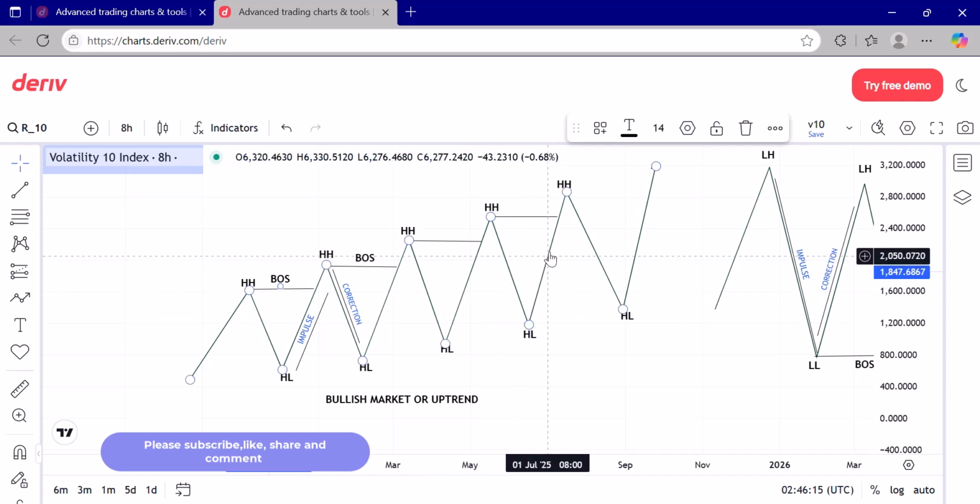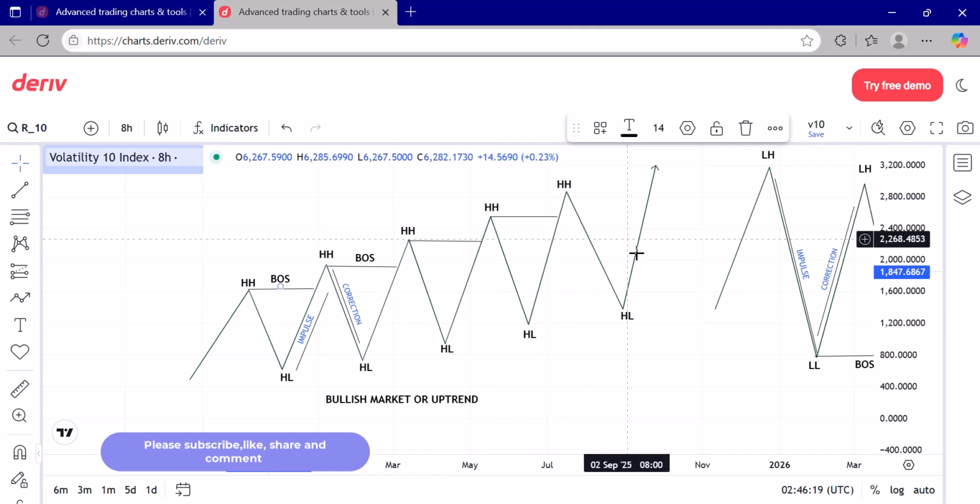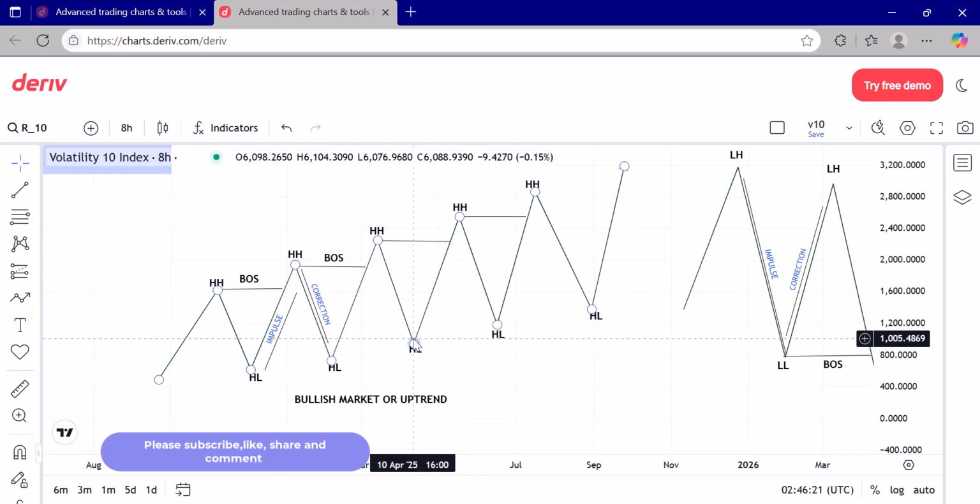For us to have another higher high, there is a break of structure here to the upside. So it continues on and on. We must see this in price action. We must see the market behaving like this for us to say the market is in an uptrend. It must be making a series of higher highs and higher lows.